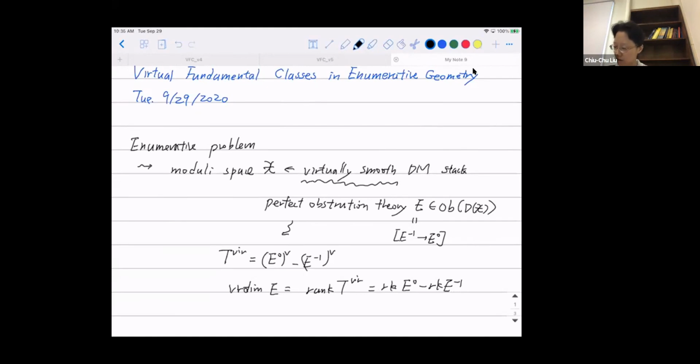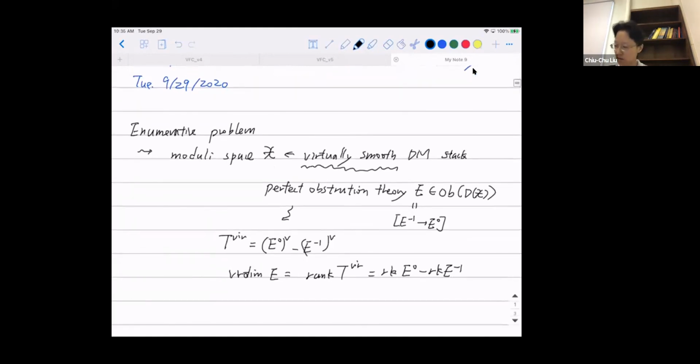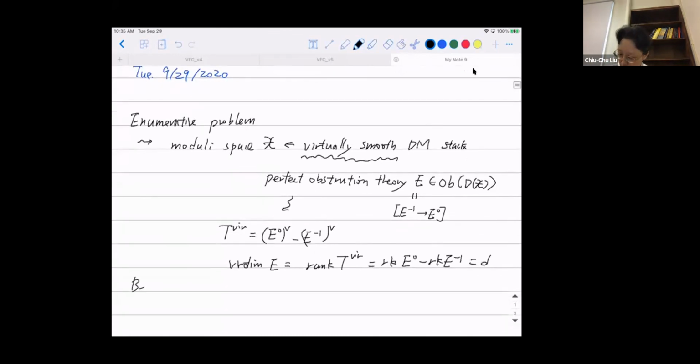So given such a virtually smooth Deligne-Mumford stack of virtual dimension, let's say D, Behrend-Fantechi construct a virtual fundamental cycle or virtual fundamental class.